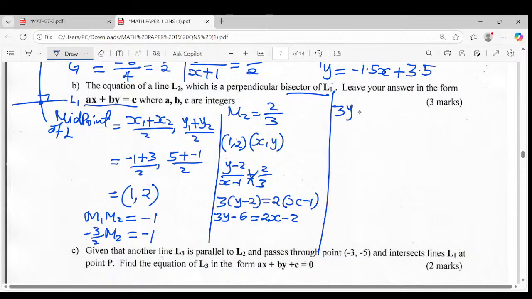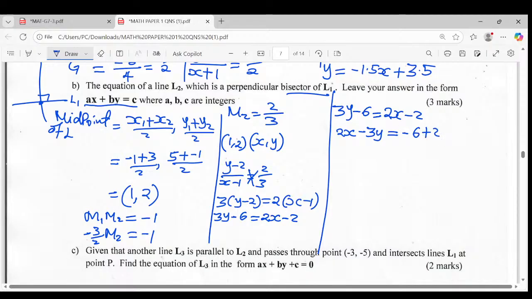So when we have 3y minus 6 being equivalent to 2x minus 2, I'm going to bring everything here. So I'll have 2x minus 3y being equivalent to, when -2 crosses over, it will be -6 plus 2.